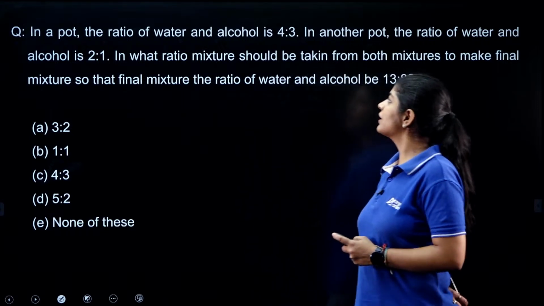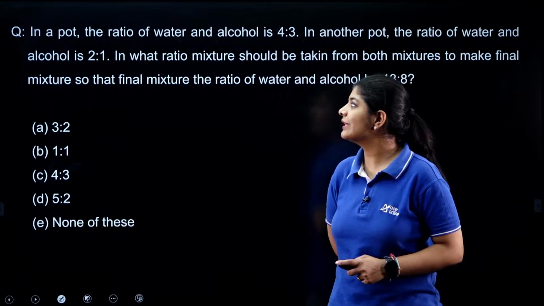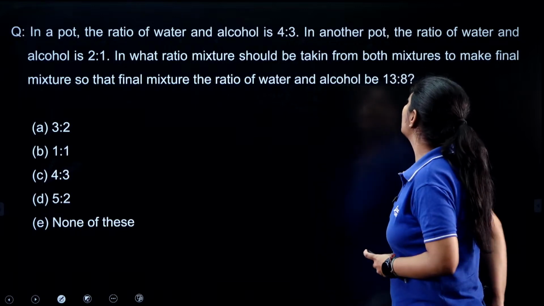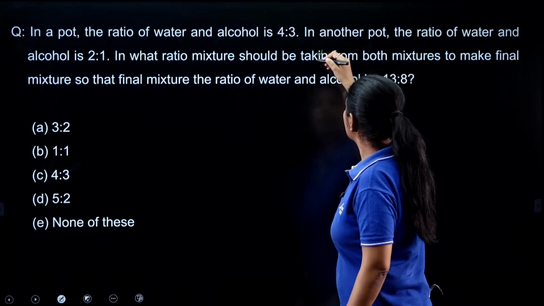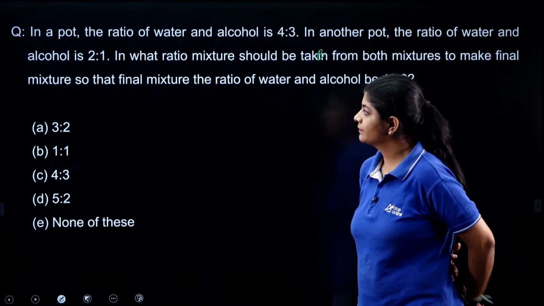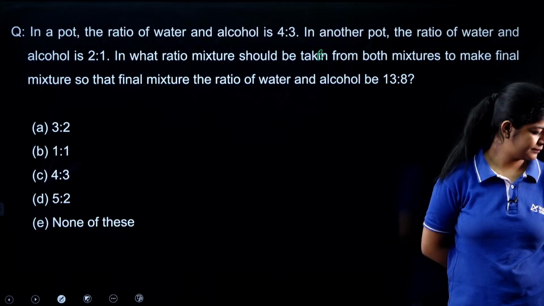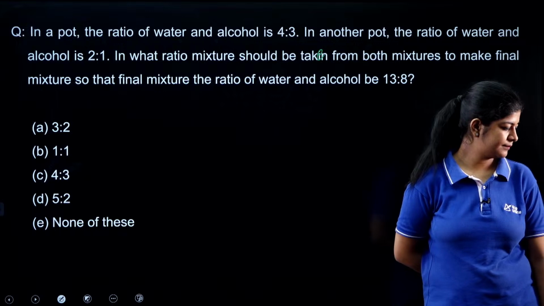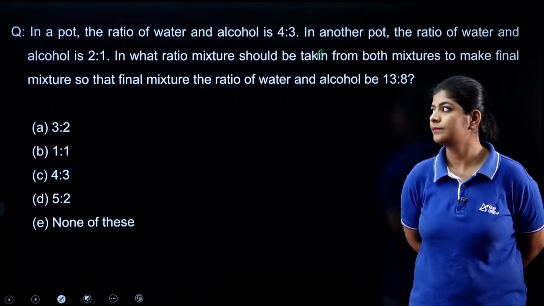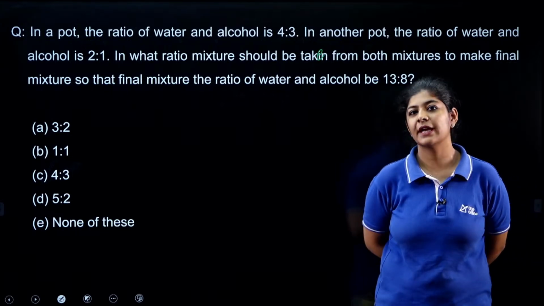In what ratio should the mixtures be taken from both to make a final mixture, so that the final mixture, okay, I guess there is some typing error, the ratio of water and alcohol be 13:8. Again, it's a very easy one.